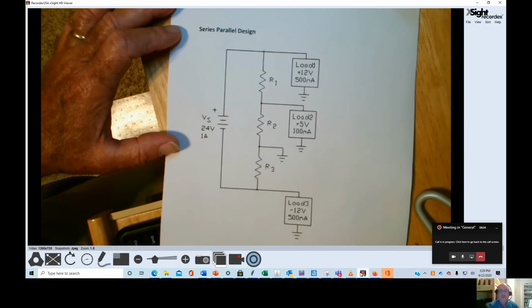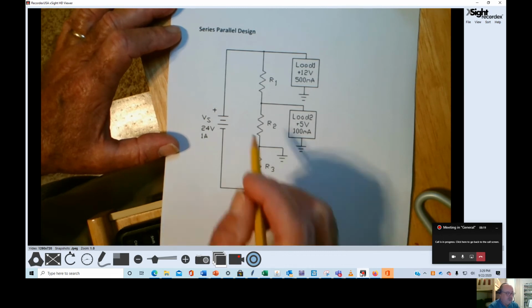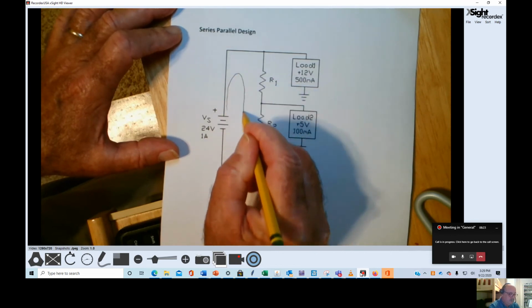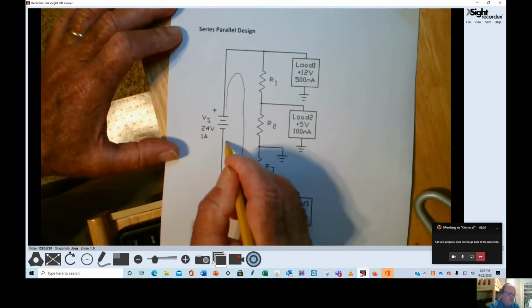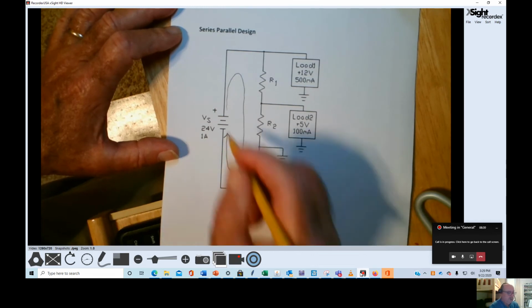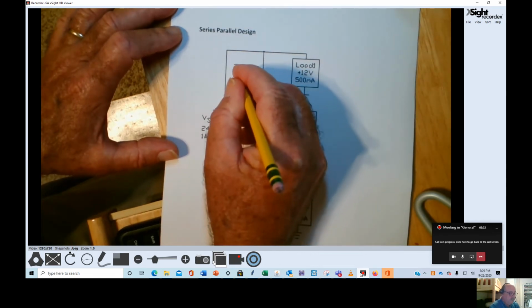Now, with this circuit diagram, it's oftentimes confusing to students when we talk about the fact that negative 12 volts is provided to load 3. But understand that in this circuit, current will flow from positive to negative through resistors R1, R2, and R3.